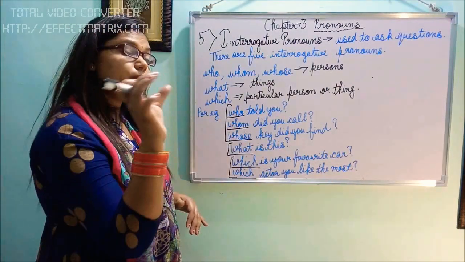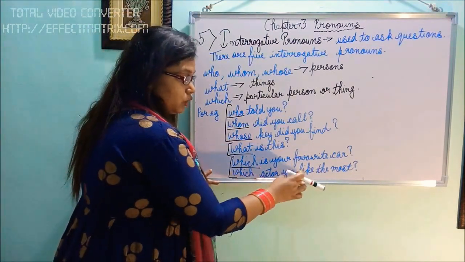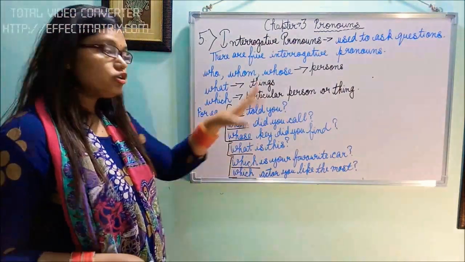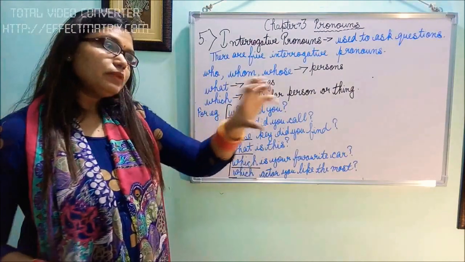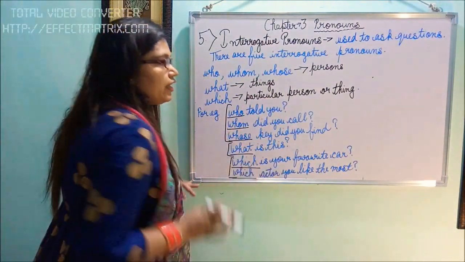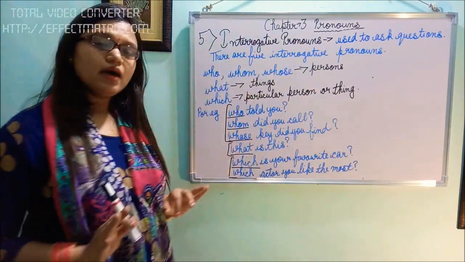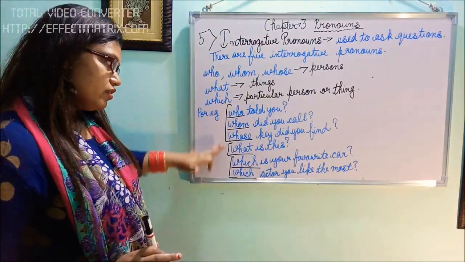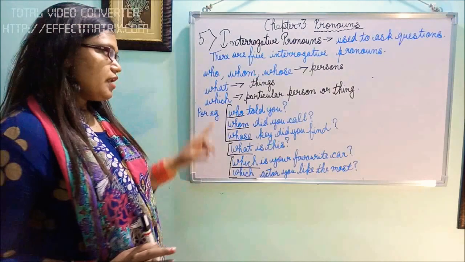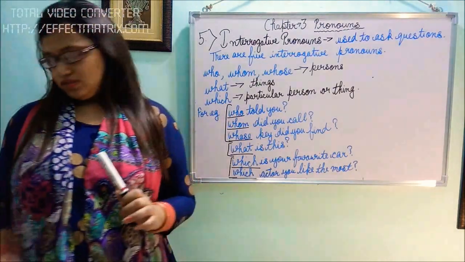Now in the second example, "Which actor do you like the most?" Here I am talking about a particular person, a particular actor. So here, the word which can be used for a particular person and a particular thing. Understand? So these are the 5 words which are used as interrogative pronouns. Who, whom, whose, what, which. That's it. Thank you.